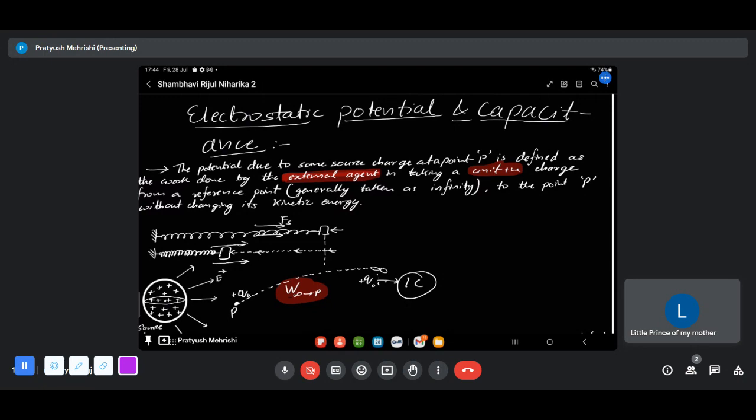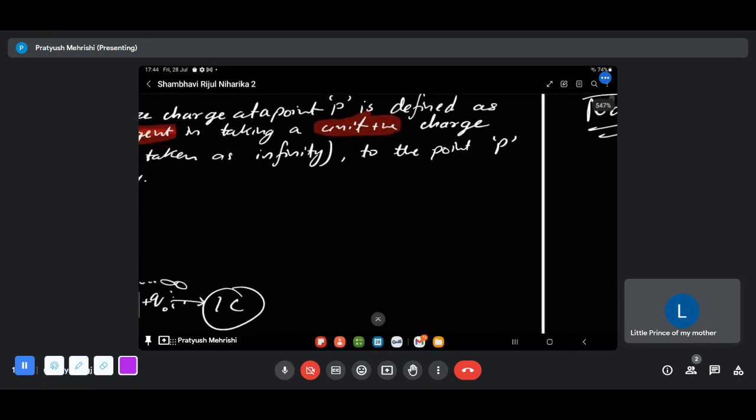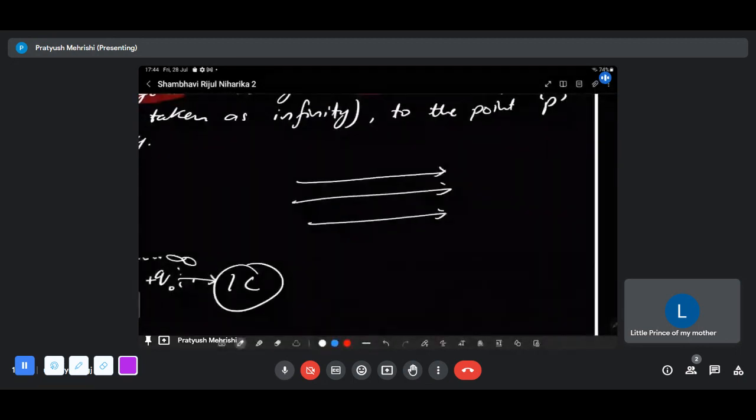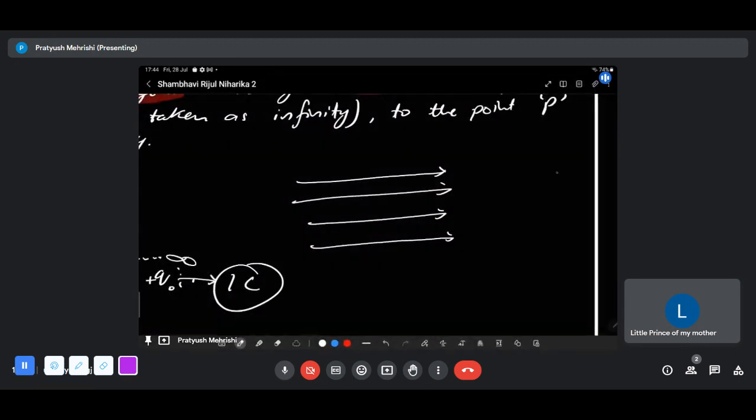See what happens. Let us assume that this is the direction of the electric field. Now, which charge will you bring? Can you bring a negative charge here? No. A negative charge is automatically going to come here. Why?